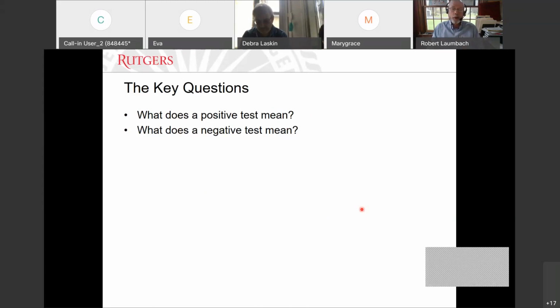But for now, a key question that we're going to talk about is what does a positive test mean? It can mean a couple of different things. And the same for a negative test. The first question is whether it's a true positive or a true negative, or a false positive or a false negative.